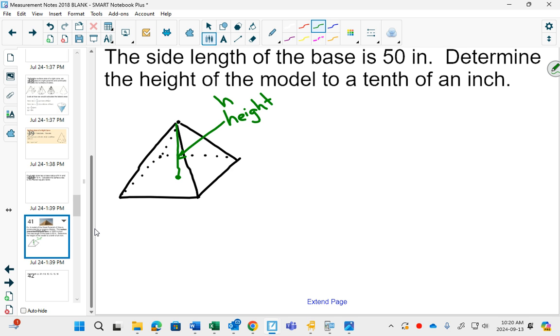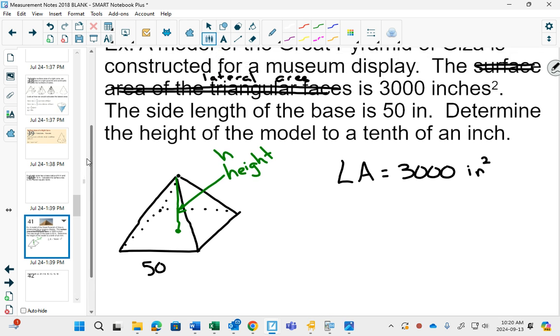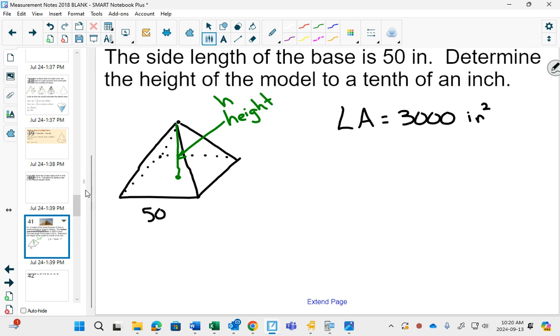This is what the question is asking for. And we're going to label everything that we know. It tells us that the side length of a square is 50 inches. And it tells us that the lateral area is 3,000 inches squared.